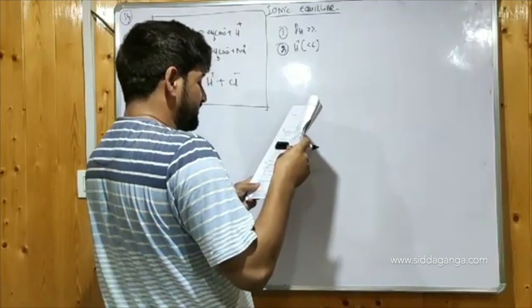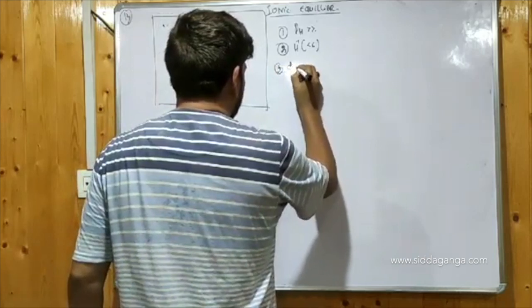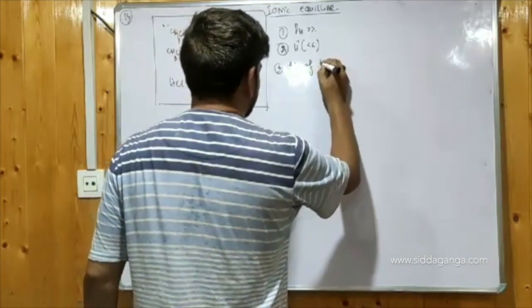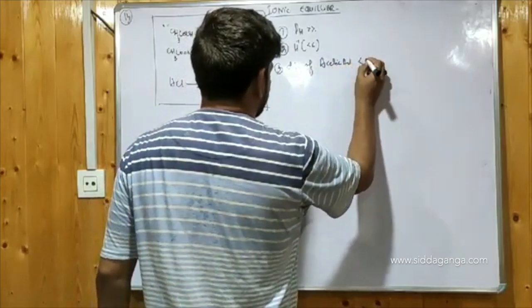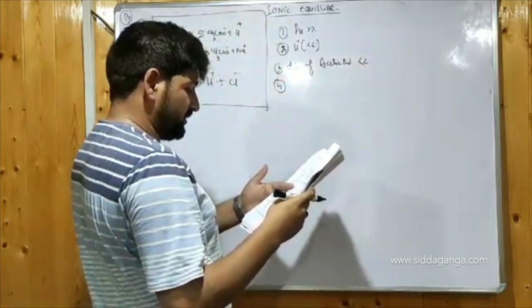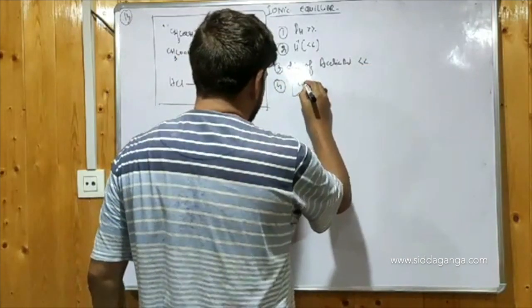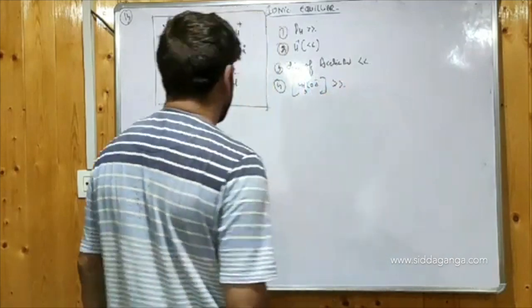Third one, dissociation of acetic acid decreases. And the fourth option is CH3COO minus increases. CH3COO minus concentration is increasing.